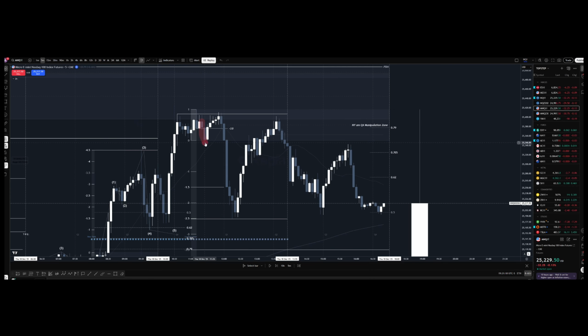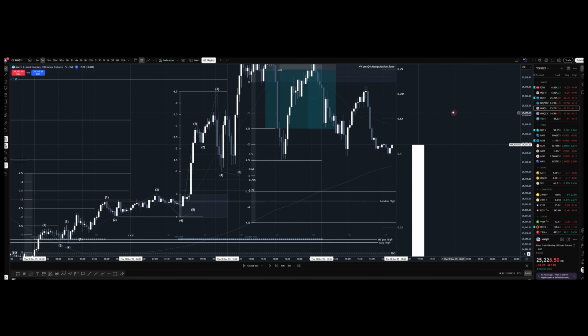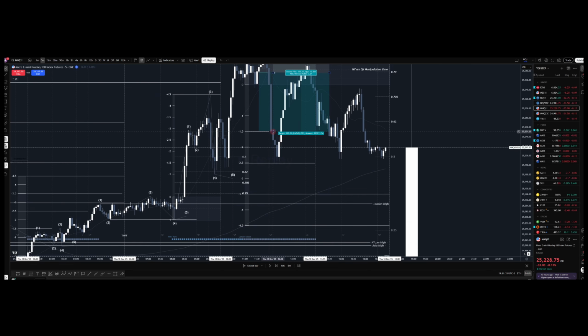So after this move, a stop would be above the high. Like so. Targeting, same thing, 1.5, 2.5, 3.5, and 4.5, but only getting to 2.5 here.